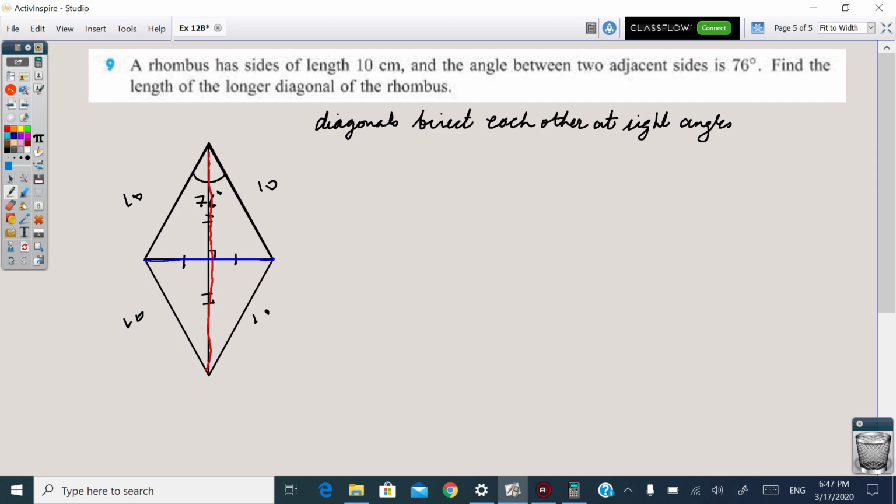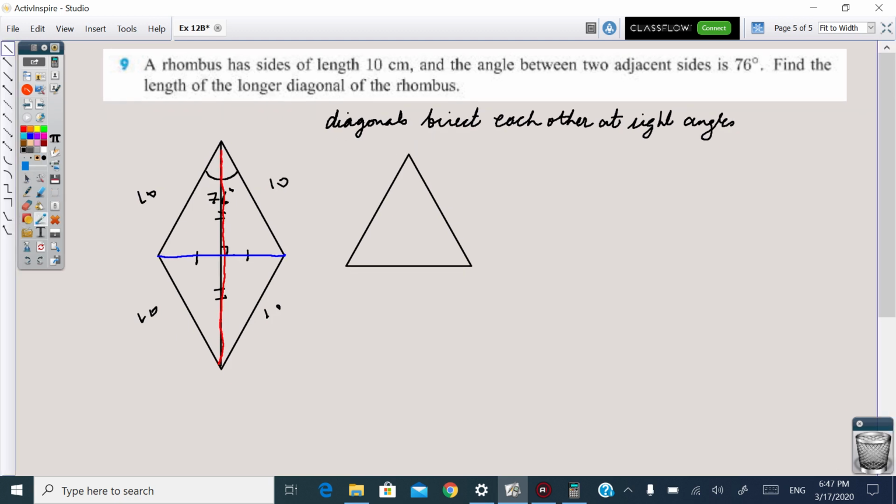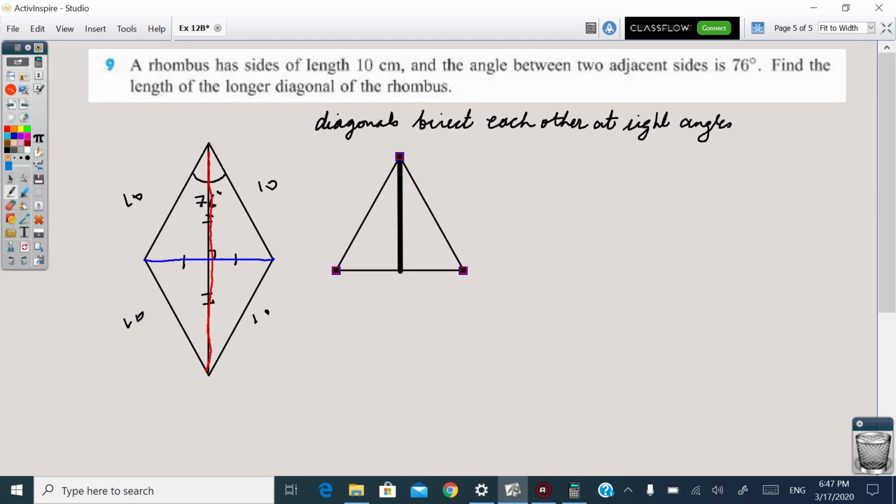So we really need to do one little trick to appreciate this problem. If we take this part away like so, we have an isosceles triangle. And if we have an isosceles triangle, then the perpendicular from the vertex to the base bisects the base, so this is really part of the diagonal, and more importantly, it bisects the vertex.